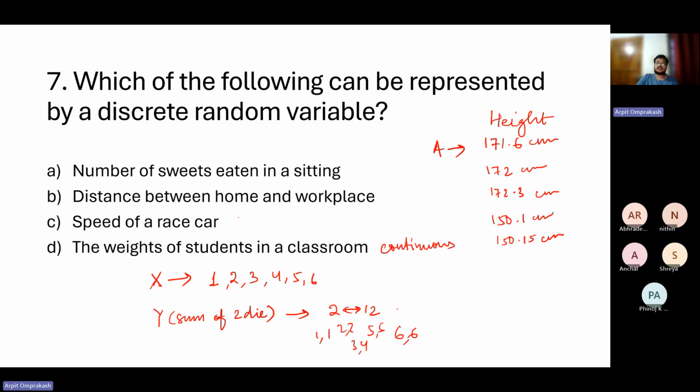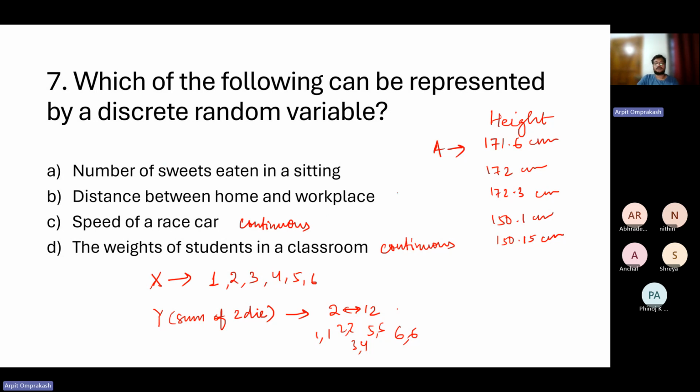Speed of a race car is again a continuous variable because speeds also can have continuously varying ranges. So if you start a car, you're starting it at zero, but when you reach 50, you have essentially gone through a lot of different numbers and not basically jumping in discrete steps. Like you're not going from 0 to 10 kilometers per hour, then 20. You're not making those jumps. You're smoothly going along all of them, right? So it's a continuous variable.